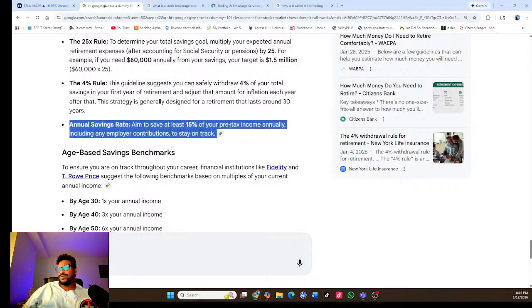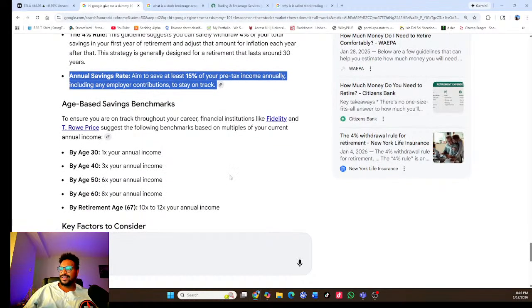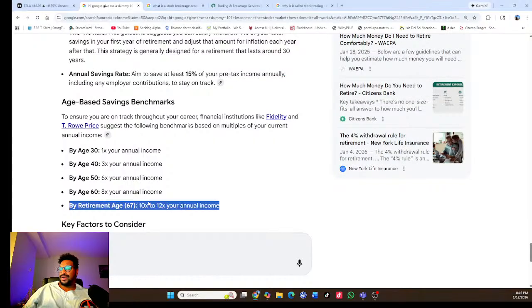Another way is to save 15% of your pay. By retirement, you want to have 10 to 12 times your annual income. So let's say you make $50,000 a year right now.